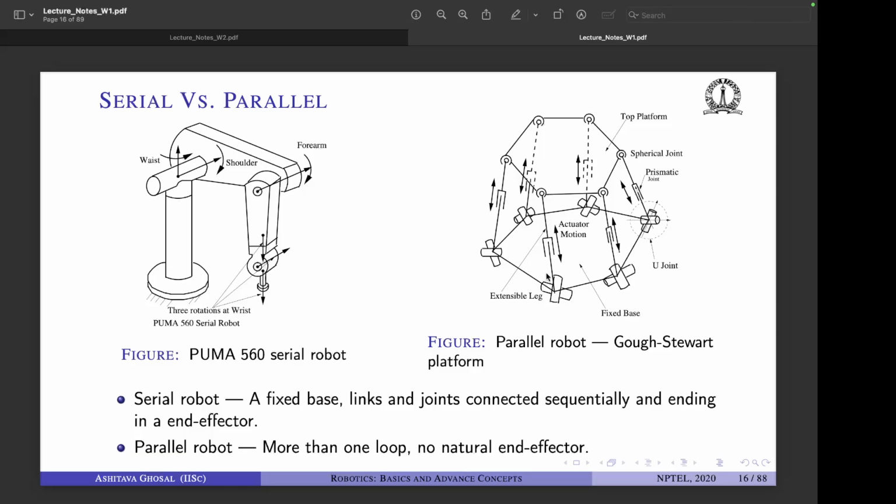Basically, in those kinds of robots, at least some of the links form a closed shape. So that is one key difference. Most of the robots which you encounter are series robots, and parallel robots are, I would say, slightly less popular.